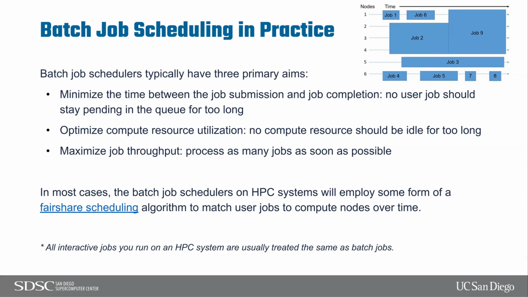So if you're a user who has been running a lot of jobs lately and getting a lot of jobs through the system, and a new user comes in who's never run a job, these fair share scheduling algorithms will usually give that new user a little bit higher priority than your next job, because you've used the system a lot recently. They haven't used it at all, so their job might get scheduled before yours.